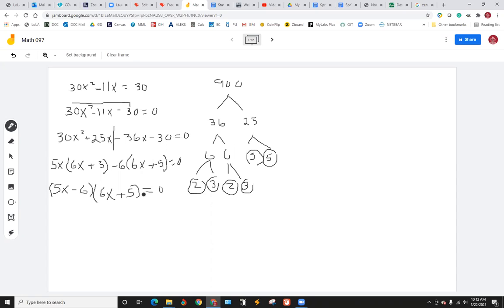So once we have it represented as two factors, we can just set each one separately. Yeah, good job. That was quick. That's all.